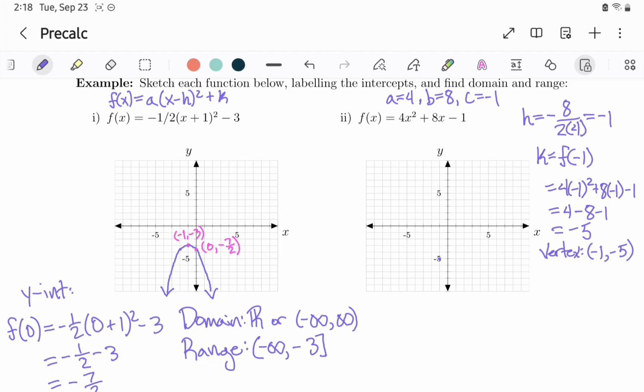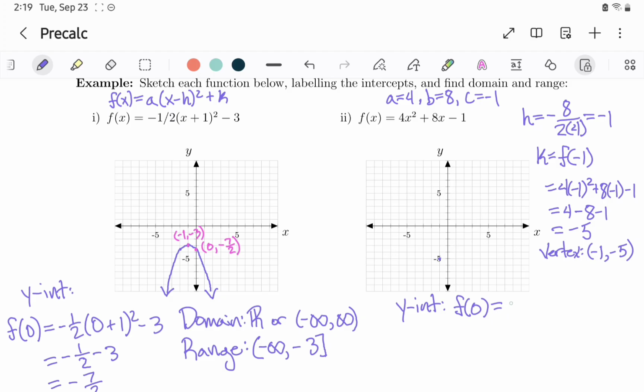First, let's worry about the y-intercept. So for the y-int, we just have to evaluate f at x equals 0, which when it comes to a quadratic function in the general form is quite easy because, as we can see, since the other terms in the general form involve an x, when we plug in 0 for x, all those terms are going to become 0, and all that we're left with is c.